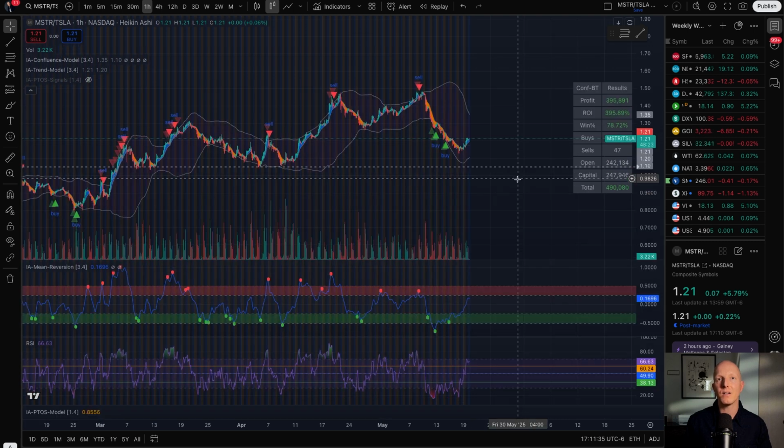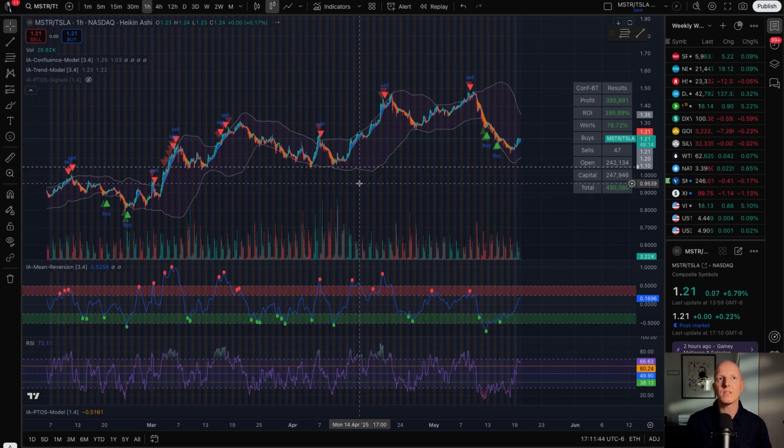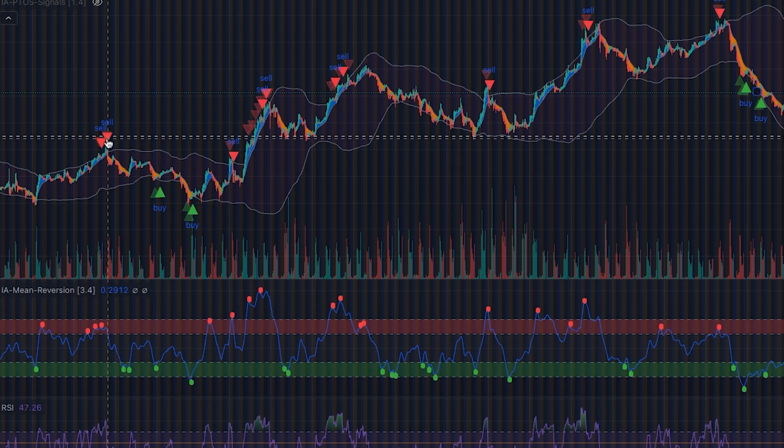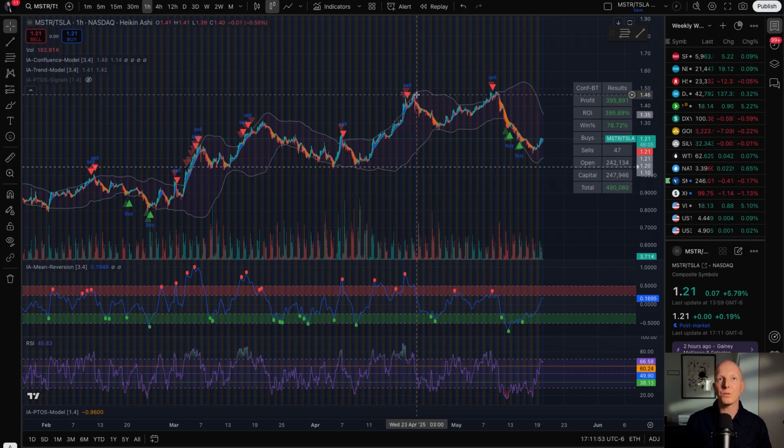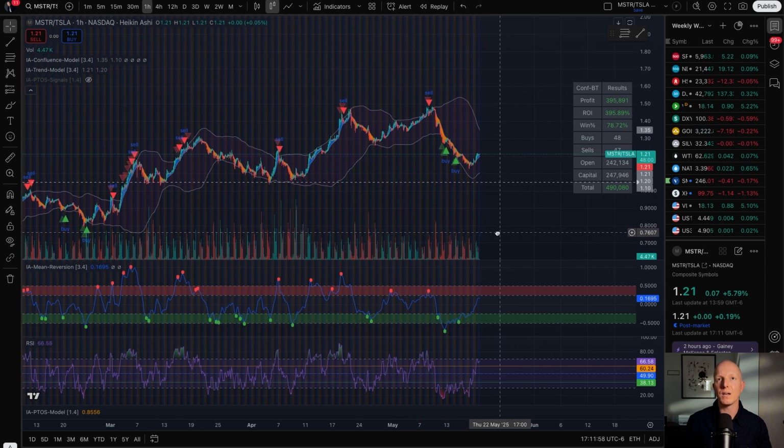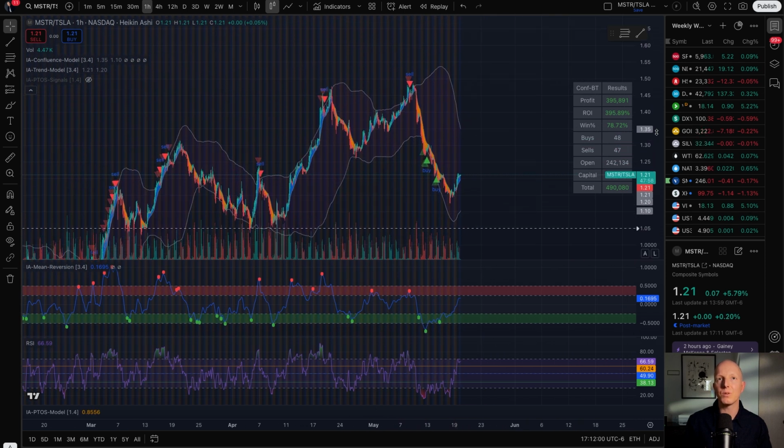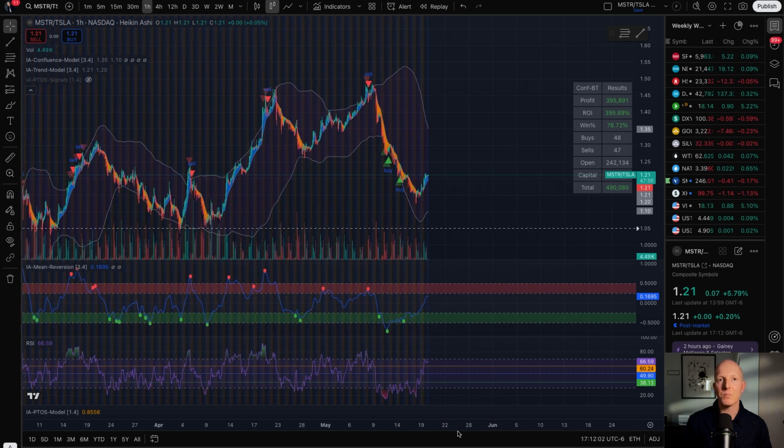And then at the bottom, I have mean reversion, and I like to add RSI too, just to give me a little bit more edge on these flips, because you can see that you often get multiple buy and sell signals on the chart, and they often aren't totally accurate to the peak, or you're getting multiple ones on the way down.